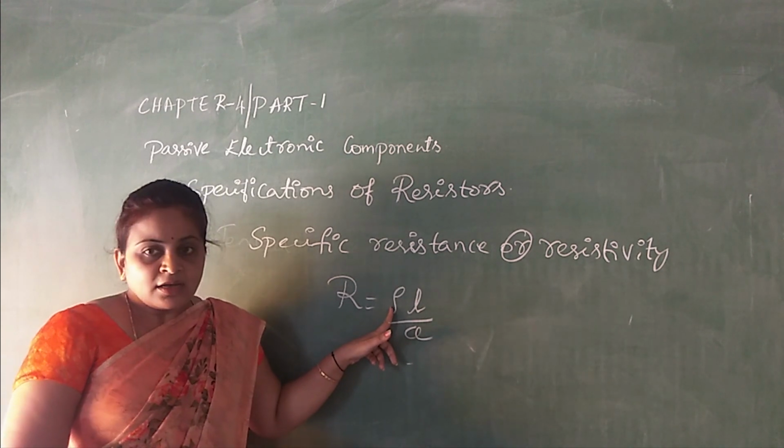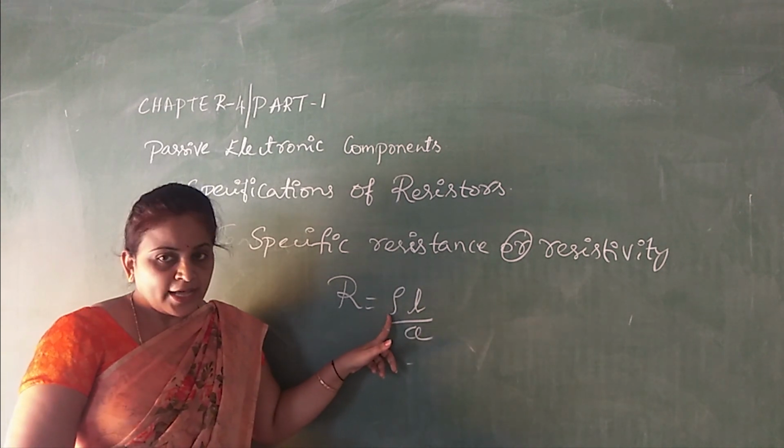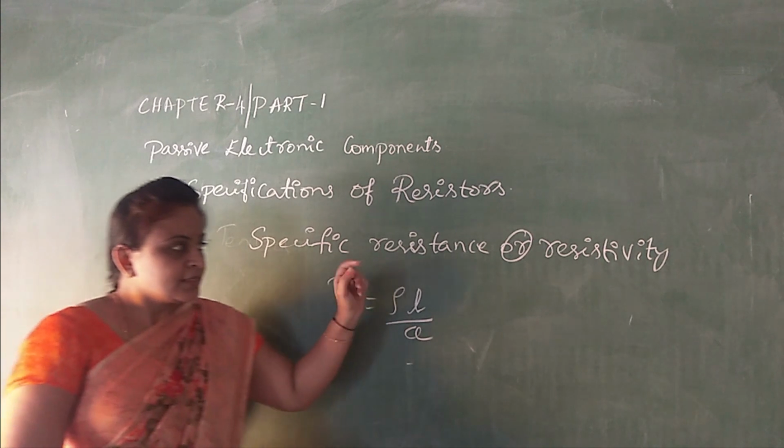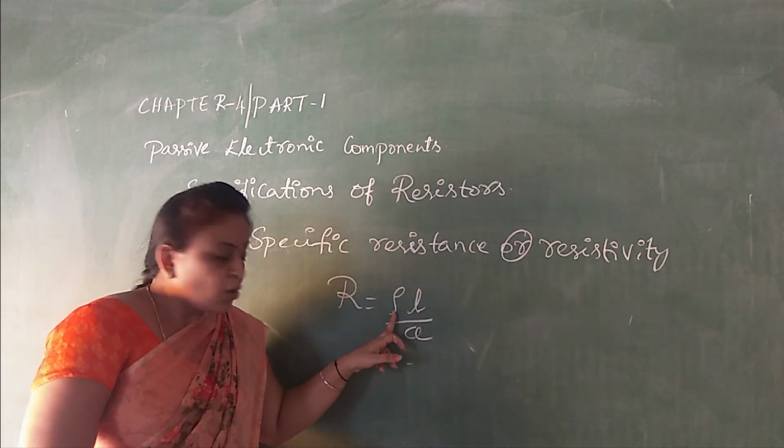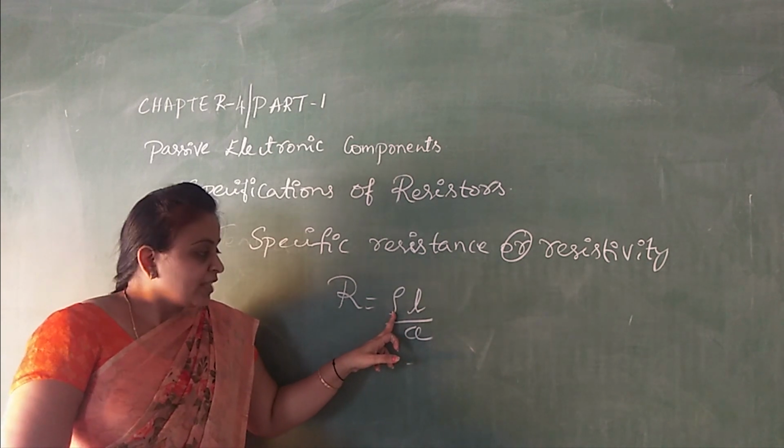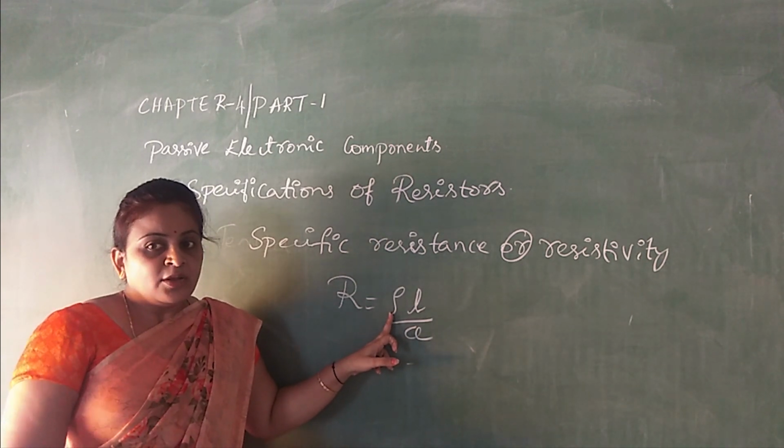Rho is the constant. It is called specific resistance or resistivity. It is represented as rho because it is the nature of the material we used.